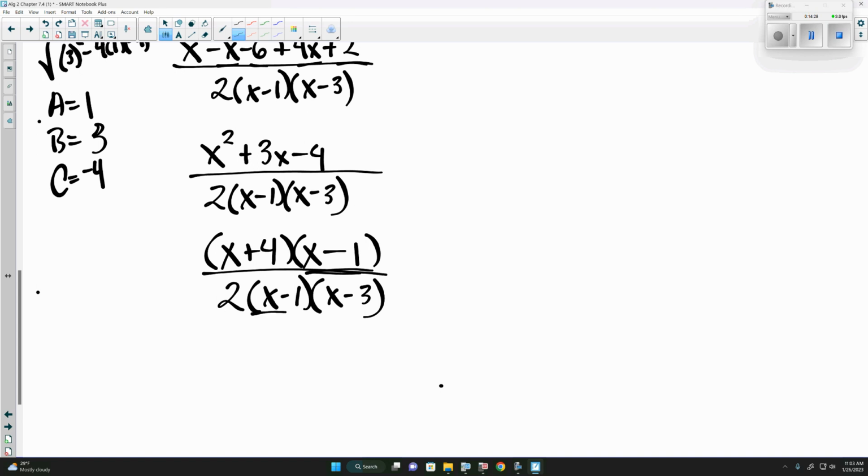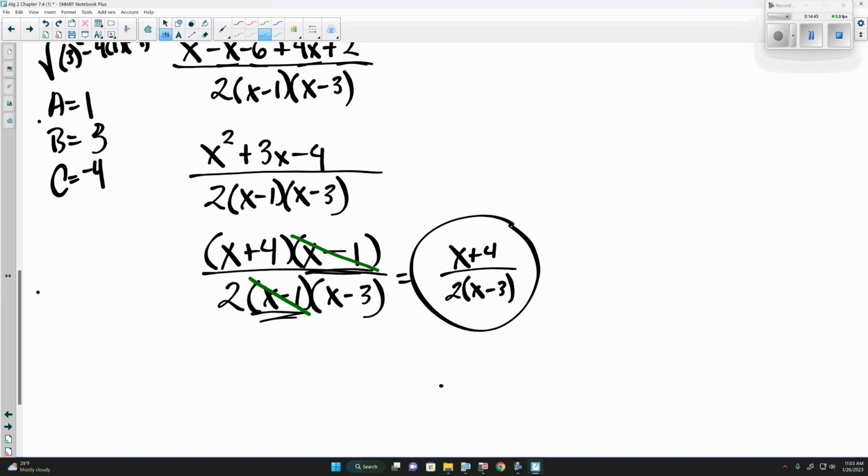An x minus 1 on top and bottom. Those will cancel out, leaving us with x plus 4 over 2 times x minus 3. So sometimes we do need to factor at the end because there is something in common on top and bottom, and if there is, it will reduce out.